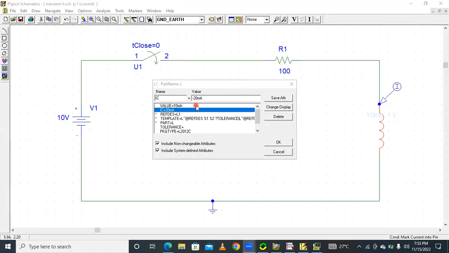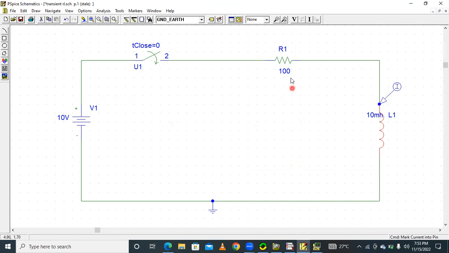In this analysis, open the inductor's initial conditions, where IC is equal to, so give minus 20 milliamps as the initial condition, then save, alter, okay, then okay, and we will get the proper waveform.